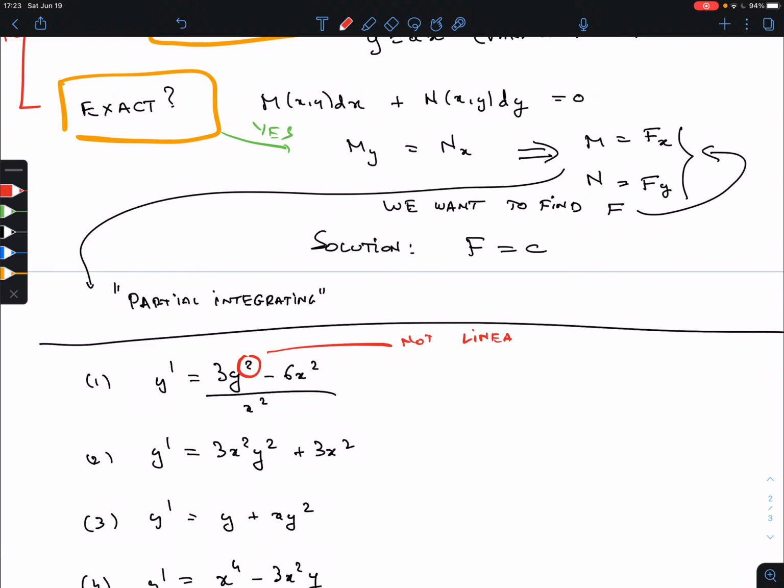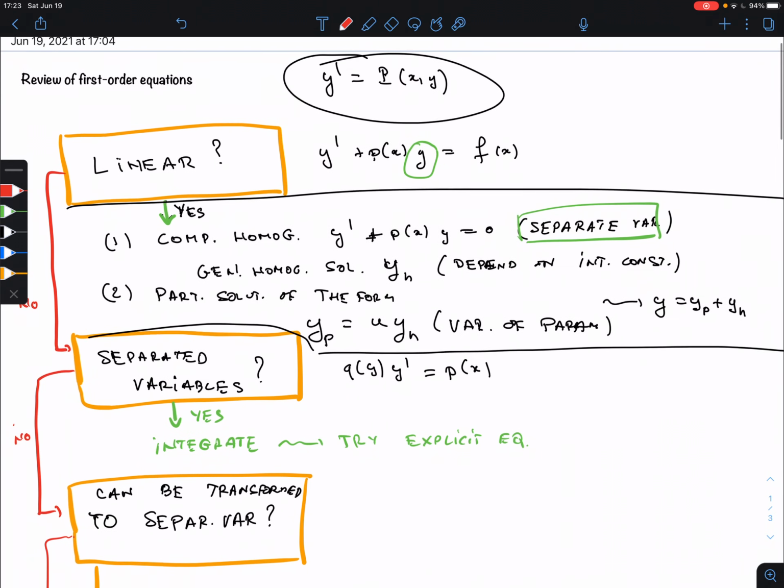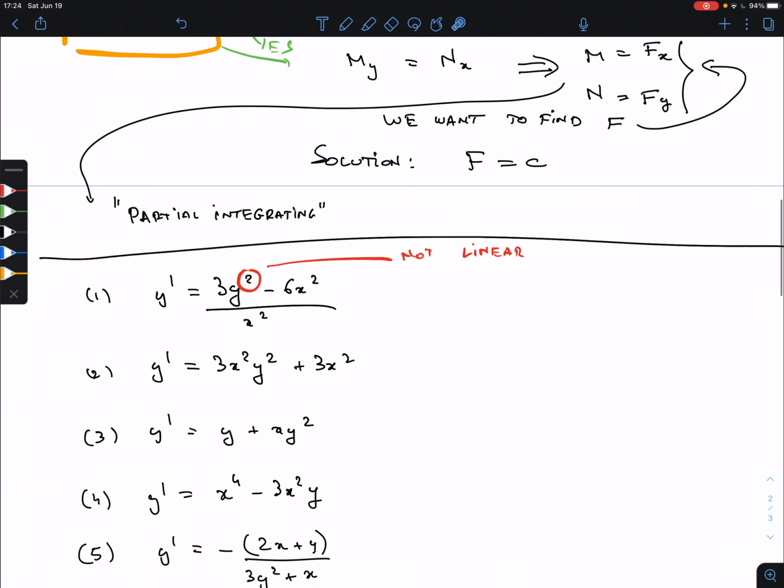Okay, so what's the next thing then? Can we separate the variables? In other words, can we write it this way? How do we know that? Well, you can only know that by trying. But you can tell already this is going to be difficult, because for one thing, you can bring the x squared to there.